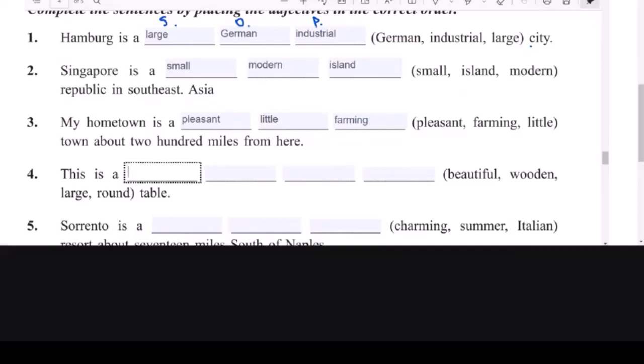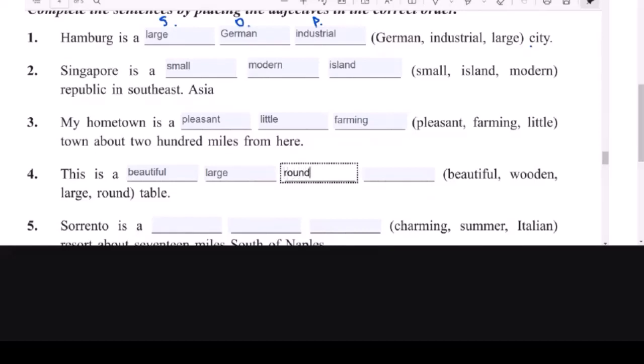Okay. I think this is a beautiful, first one. Beautiful large. Beautiful large. Size and then shape. Yes, round.